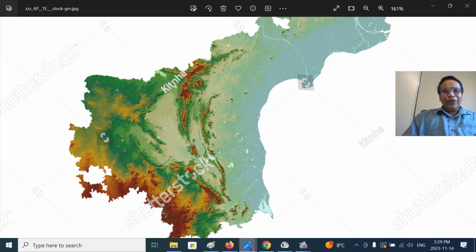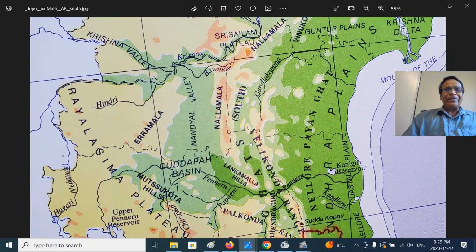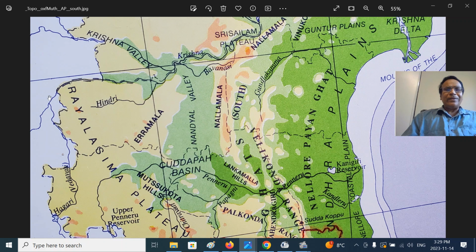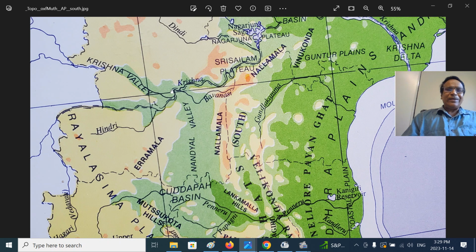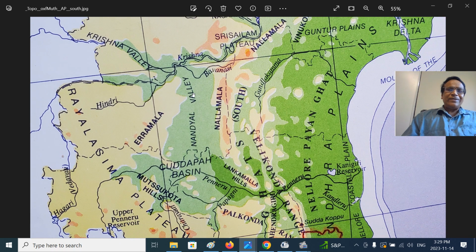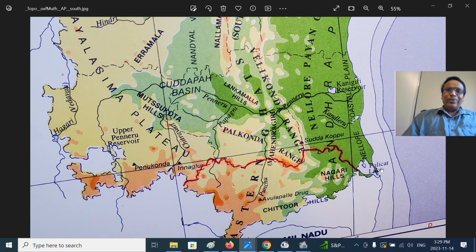And to give a different perspective, the same thing we are looking different. This is the Krishna river, this is the Tungabhadra river, Handri river, Gadwal Doab, Rayachuru Doab are interflow. You can see the Nalamala range, Bhavanasi river, a tributary of Krishna, fascinating Nandyal valley, an average 175 to 200 meters, Velikondas, and this is the Nellore Payanghat, Pulicat Lake here.